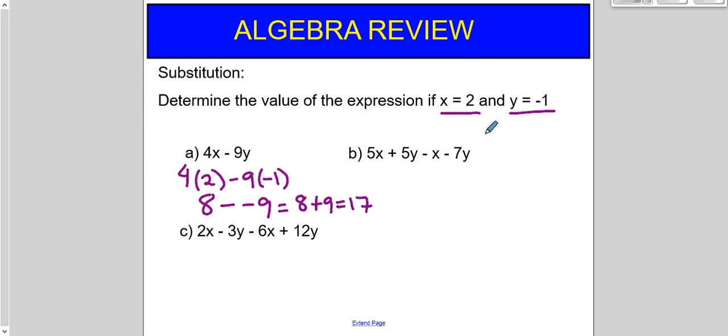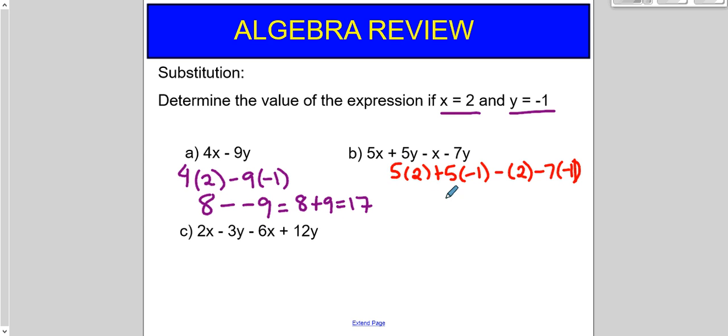Okay, so let's take a look at B. And same thing, wherever there's an x, I'll put in a 2. So 5 times 2 plus 5 times -1 minus 2 minus 7 times a -1. So wherever there was an x, we put a 2.